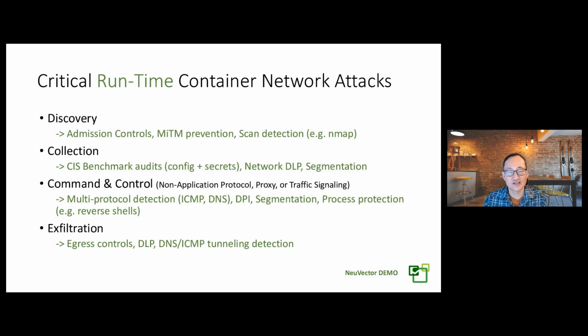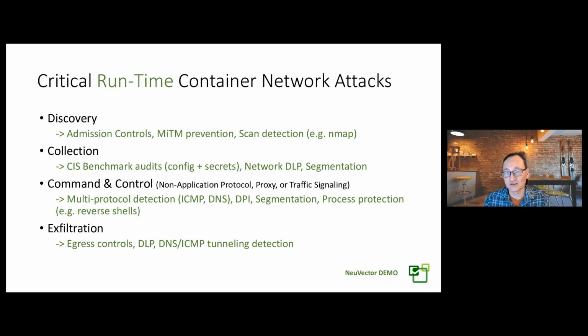For collection, a lot of times people are looking for secrets or tokens or things that they can use in the next step of their kill chain. So make sure you're running scanning to detect if secrets are in any images, and running the CIS benchmark audits to make sure that all configurations are properly set and RBACs are set so that somebody can't get in there and steal some type of sensitive data that can be used in the next layer of attack.